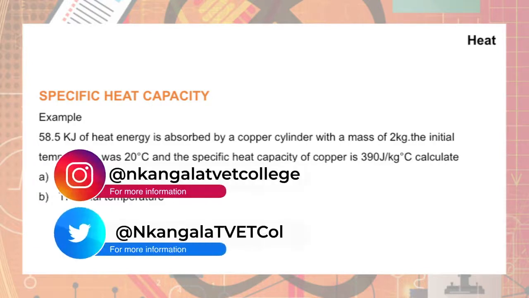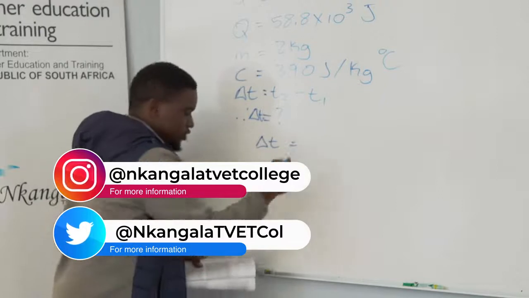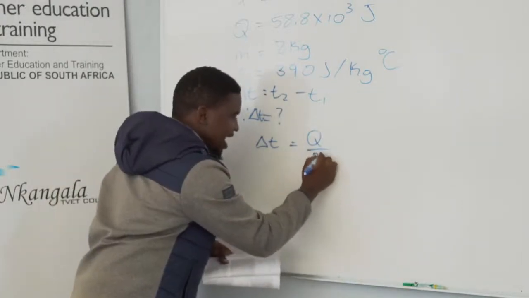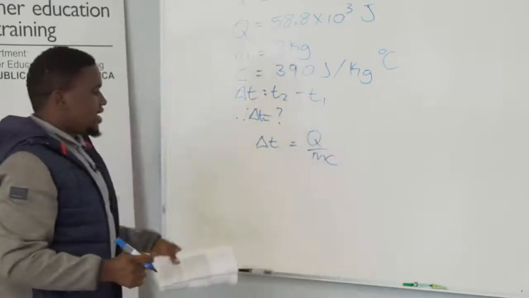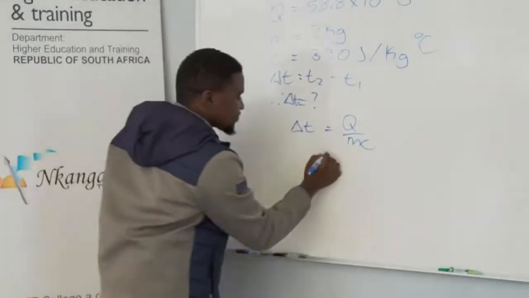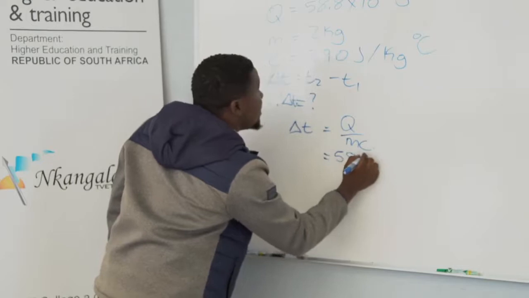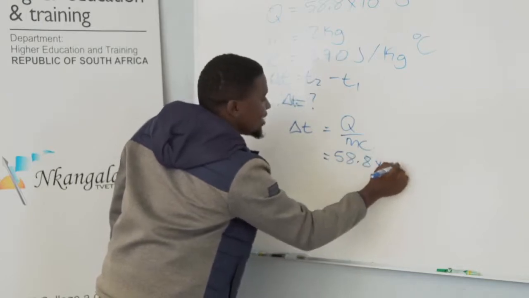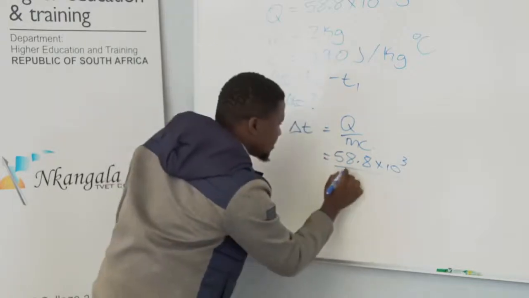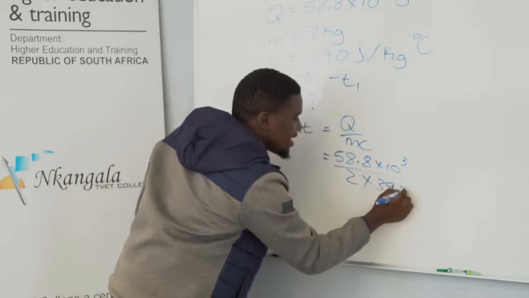Then this is what we are having. We know that our change in T equals Q over MC. This Q is our heat, M our mass, C our specific heat capacity. So it is 58.8 by 10 to the power 3 divided by the mass, which is 2, multiplied by the specific heat capacity, which is 390.